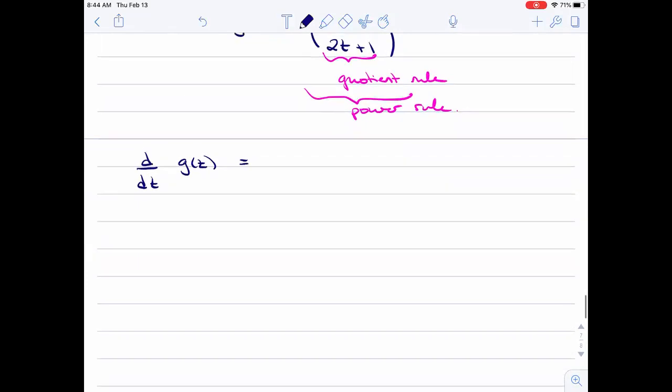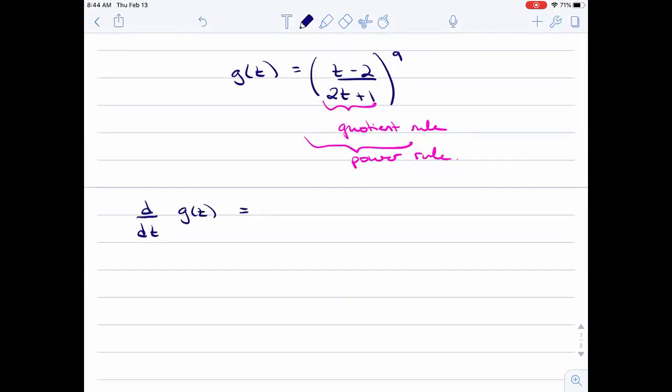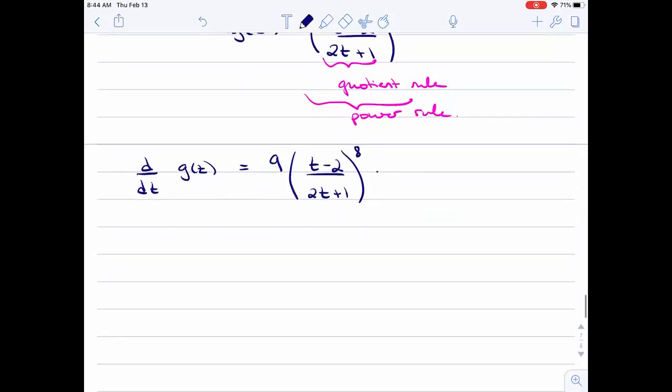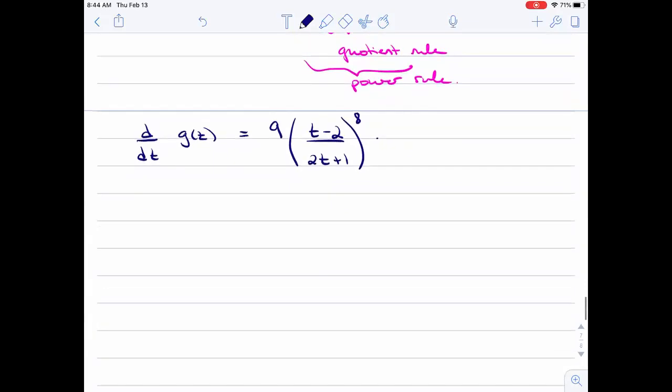So the derivative of g is going to be the derivative of the outside, so 9, holding the inside steady, times t minus 2 over 2t plus 1 to the power of 8. 9 minus 1 is 8. And then what I'll do to show that it's times the derivative of the inside, I'll do d dt of t minus 2 over 2t plus 1.